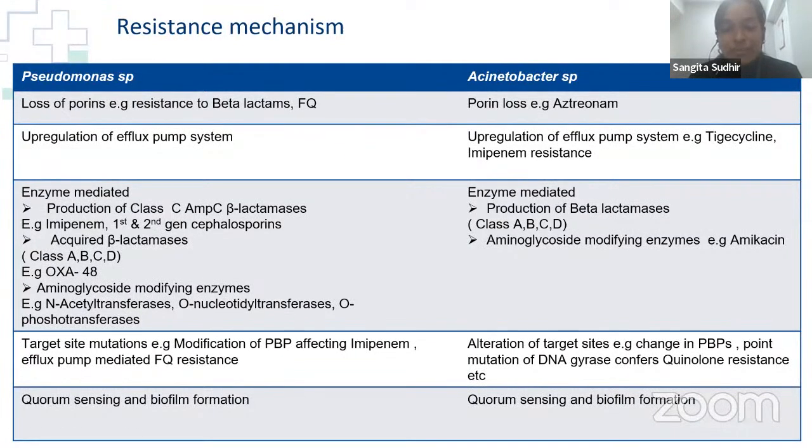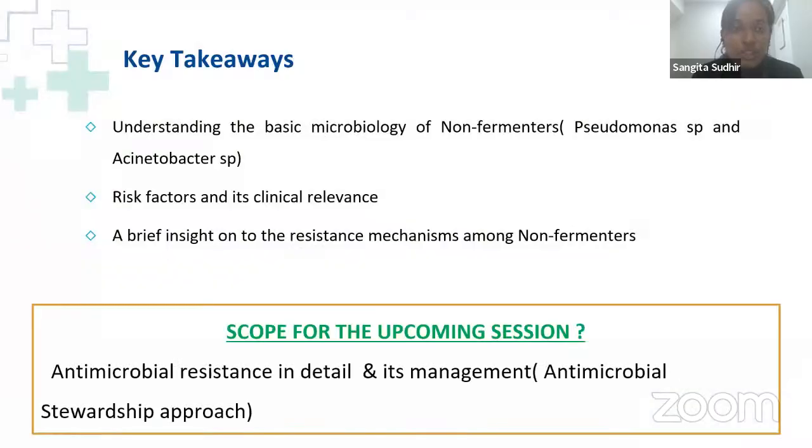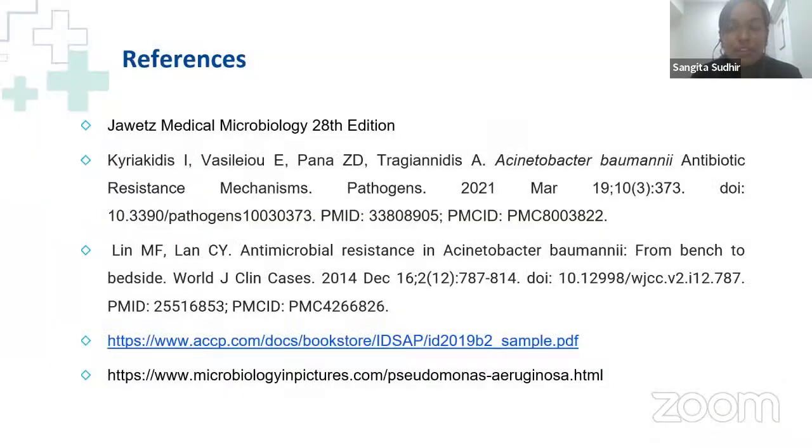Similarly, aminoglycoside modifying enzymes, like N-acetyltransferases, O-nucleotidyltransferases, or phosphotransferases, also contribute to resistance among these organisms. Let me know if you have any other questions.